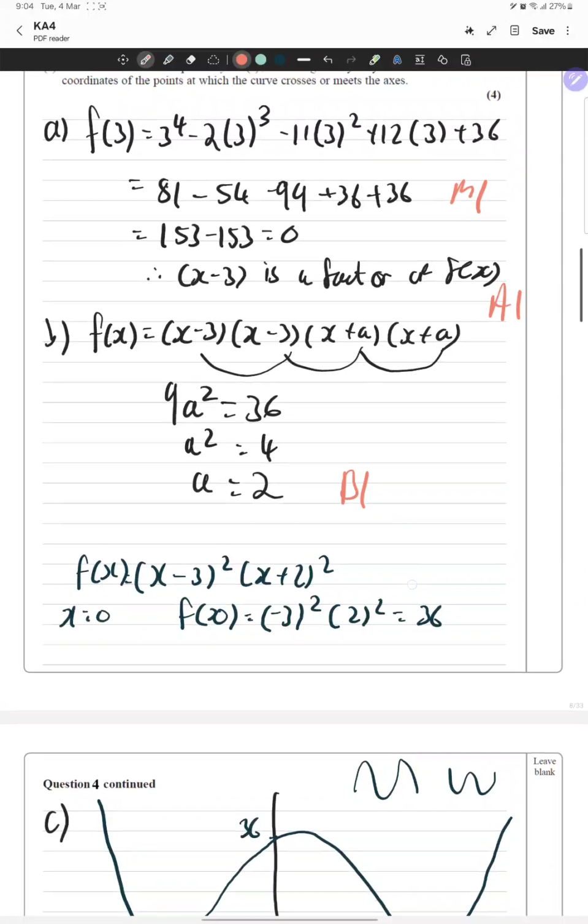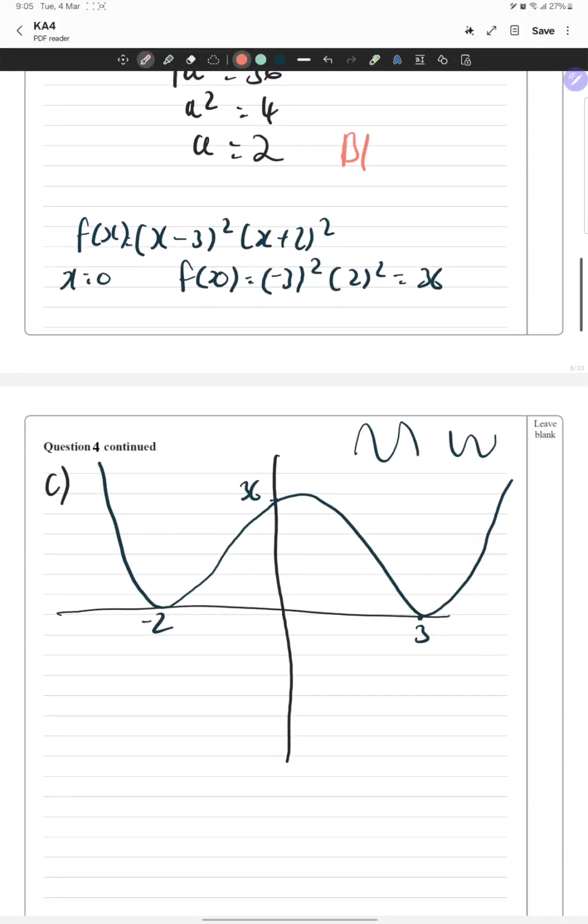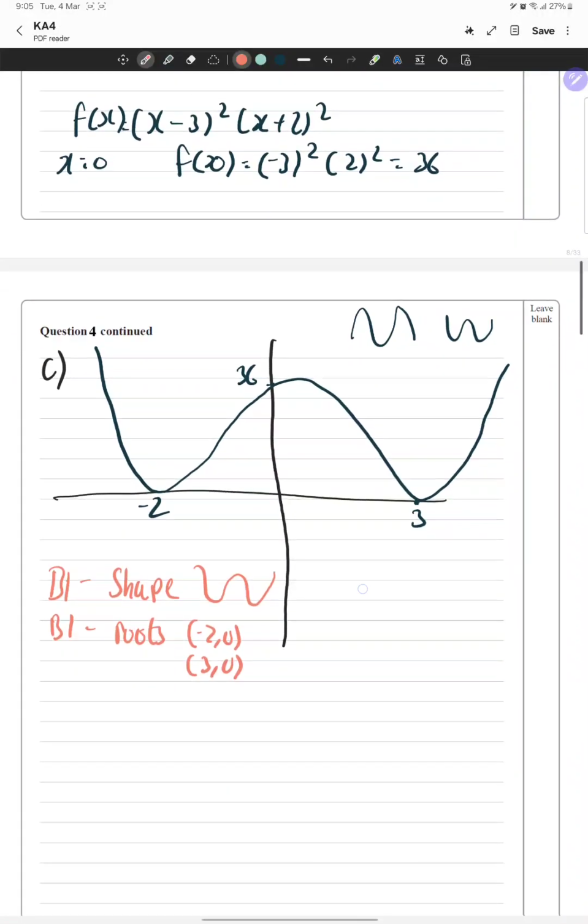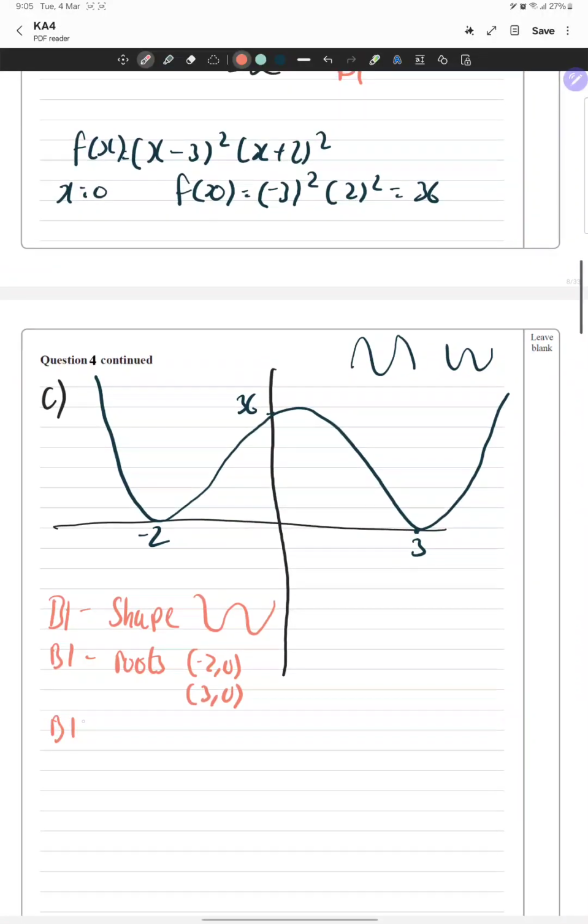And then down here, it was a load of B marks. So it was B1 for the shape, so this W shape. A B1 for the roots being correct, so minus 2, 0, and 3, 0. A B1 for the y-intercept.